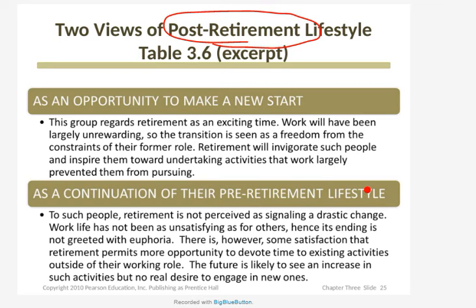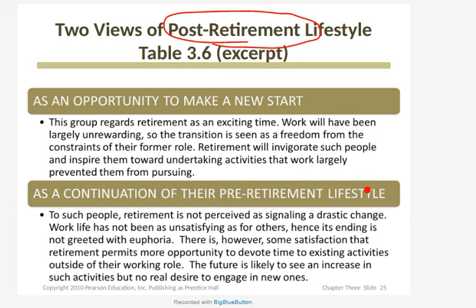They cannot live without working, so they continue and make more opportunities to devote time to activities outside their working roles.